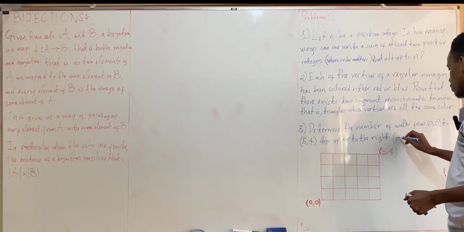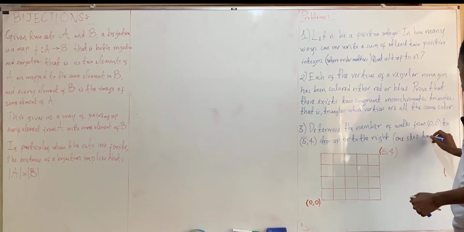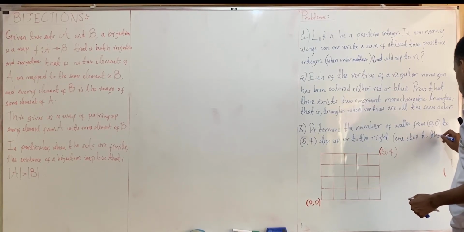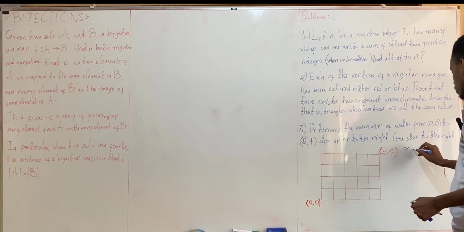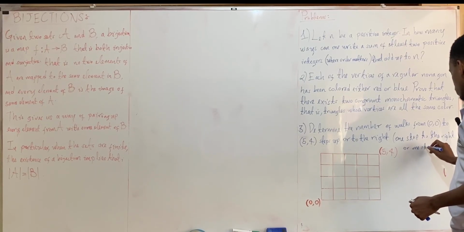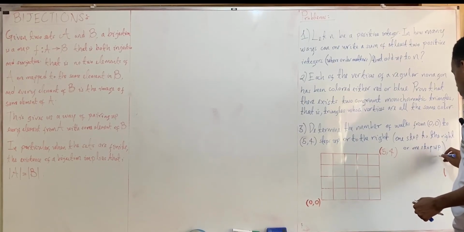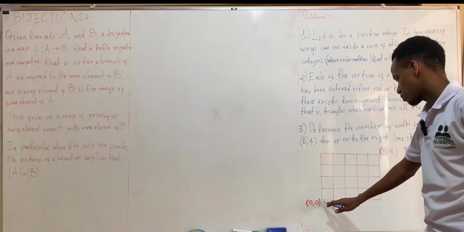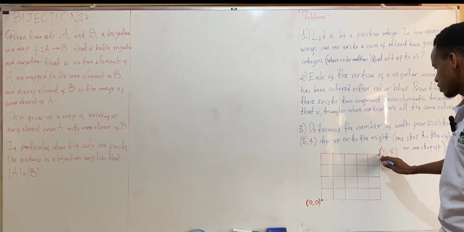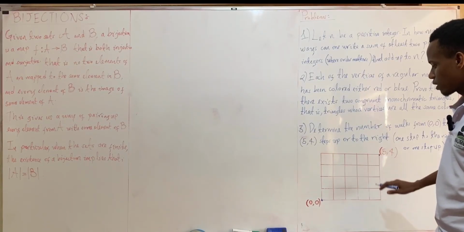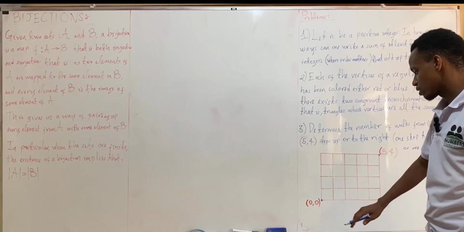So you have to start from this point and end at this point, but at each step, you take 1 unit distance to the right or upwards.